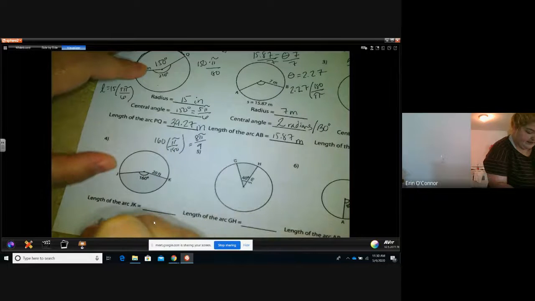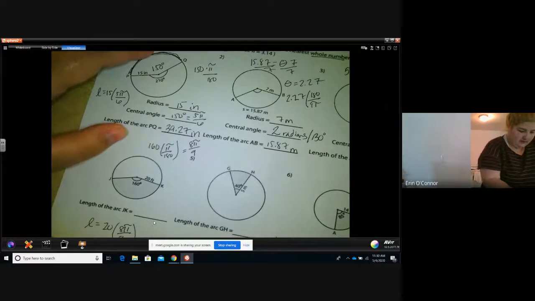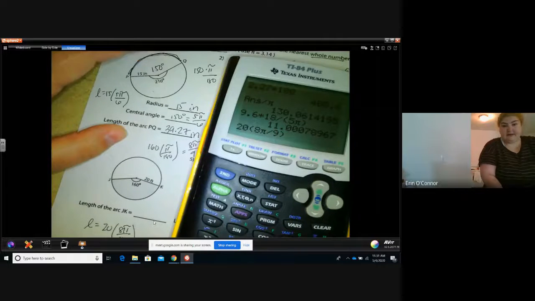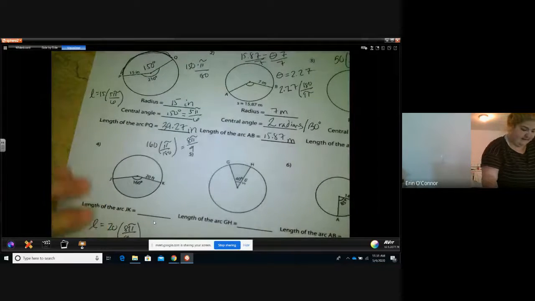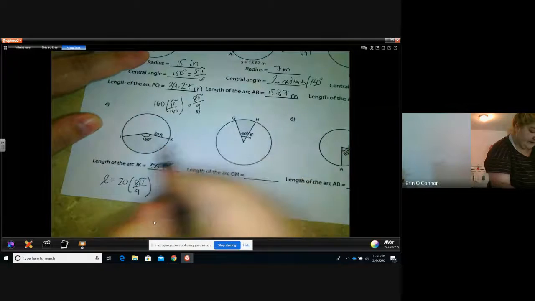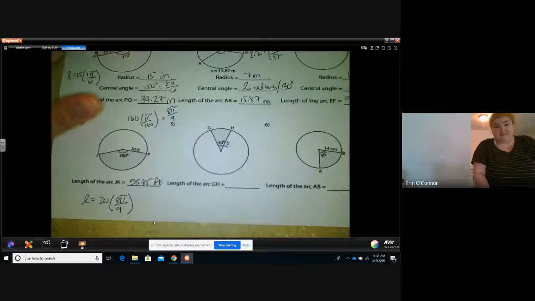Our work would be length equals 20 times 8 pi over 9, which is equal to 160 pi over 9, but that's fine. I get 55.85. We are working in feet, so feet. And the dogs decide to go a little bit crazy right now.